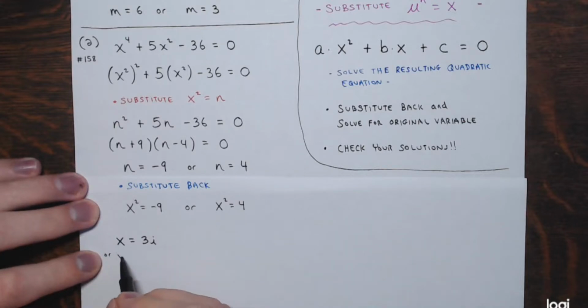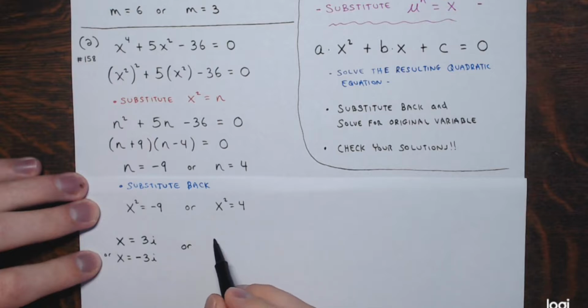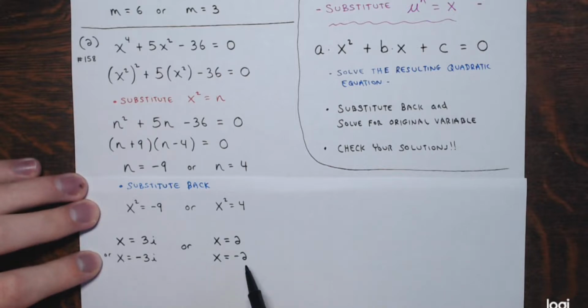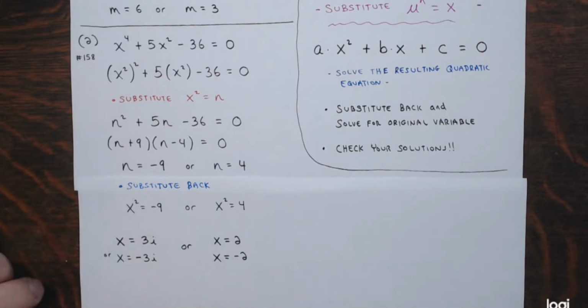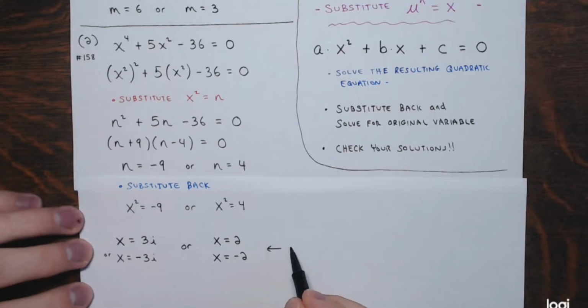Or x equals negative square root of negative 9, or negative 3i, or, and then over here, x equals positive 2 or negative 2, right? The square root of 4 and the negative square root of 4. And then don't forget to check your answers.